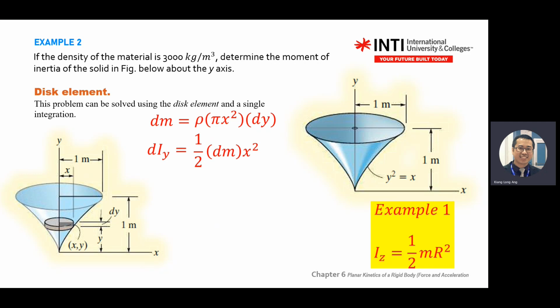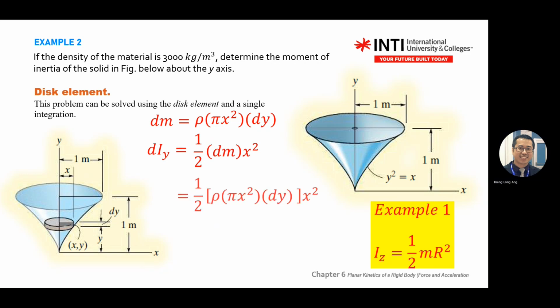You can put in terms of dm, right? So again, this one you already know. So rho m, right? So dm. How to find dm? dm equal to rho pi x square dy.